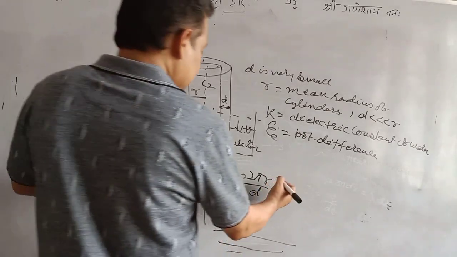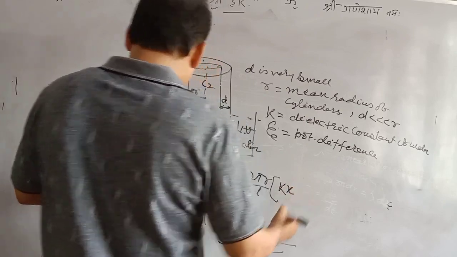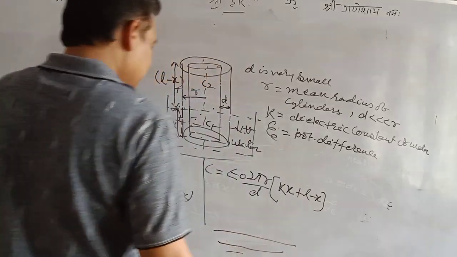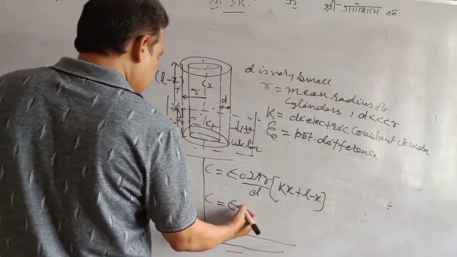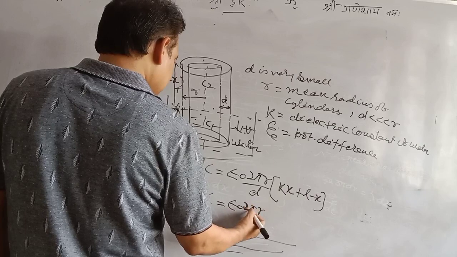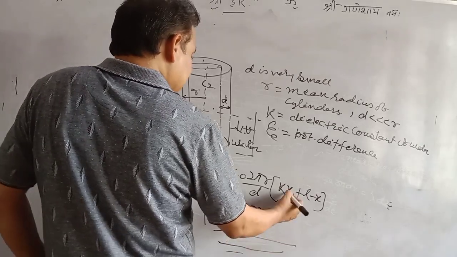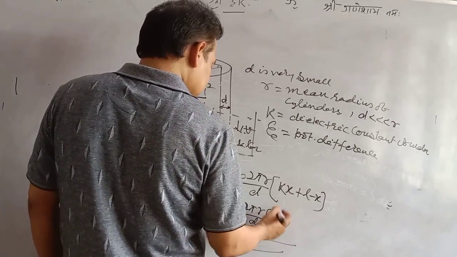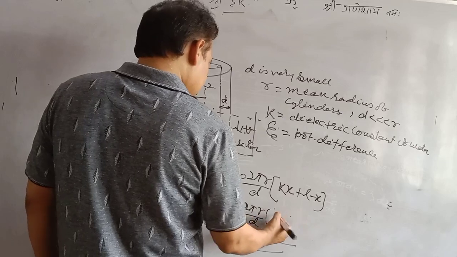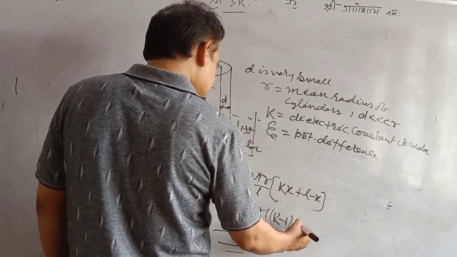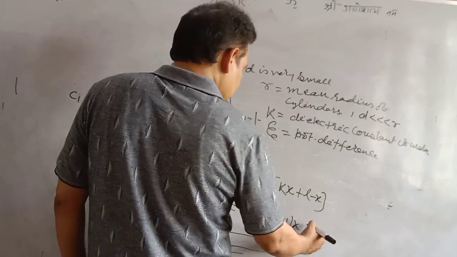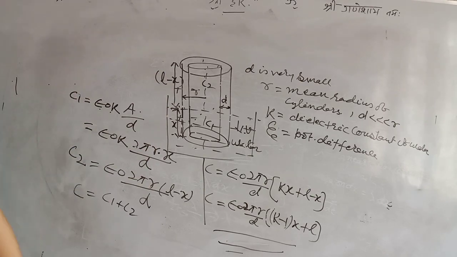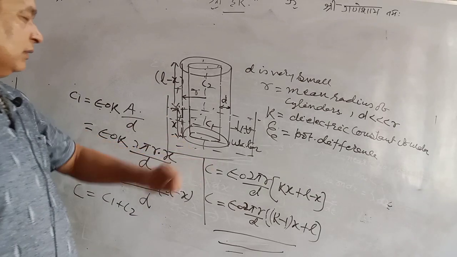This one is Kx, and this one is plus L minus x. We can again write this as epsilon naught 2 pi R by d, taking x together, (K minus 1)x plus L. That is the net capacitance at that instant.